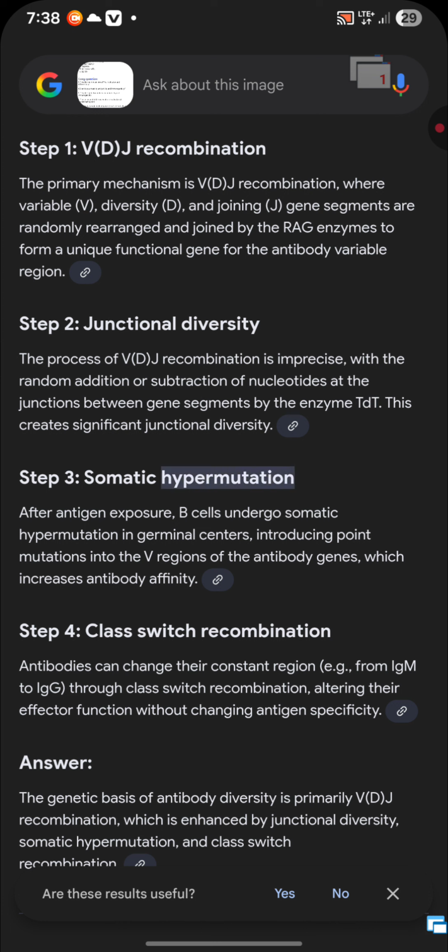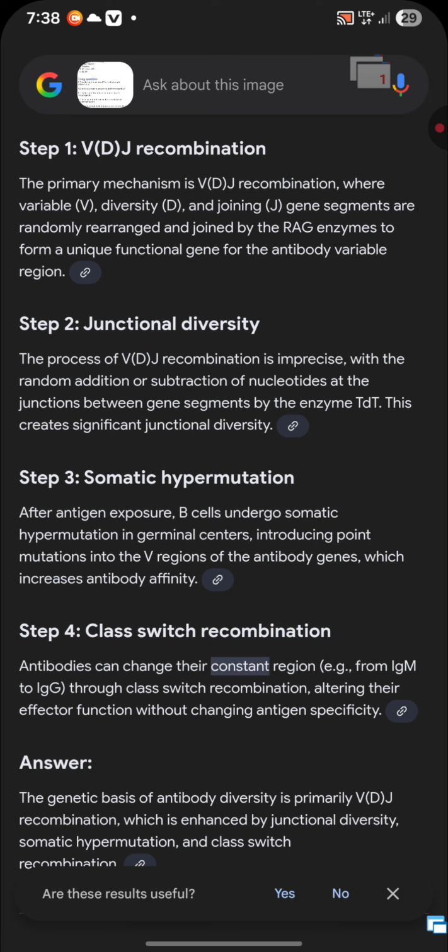Step 3. Somatic hypermutation. After antigen exposure, B cells undergo somatic hypermutation in germinal centers, introducing point mutations into the V regions of the antibody genes, which increases antibody affinity. Step 4. Class switch recombination.